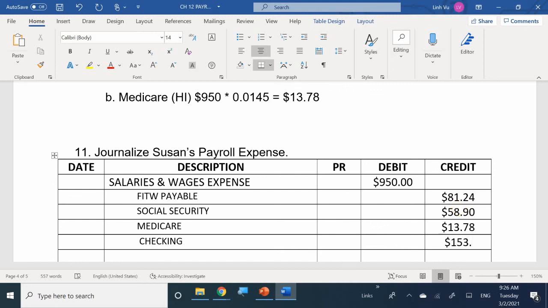Remember, that's $796.08. Yep, I got 796. That should be right because the amount she earned was 950, and she's subject to pay all these taxes.